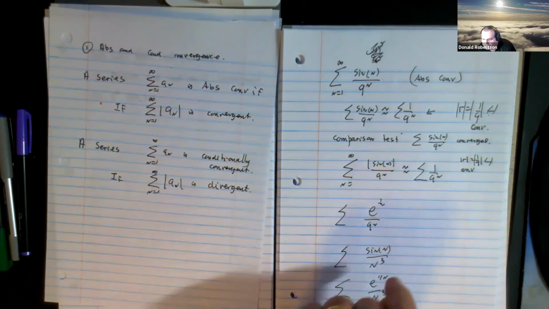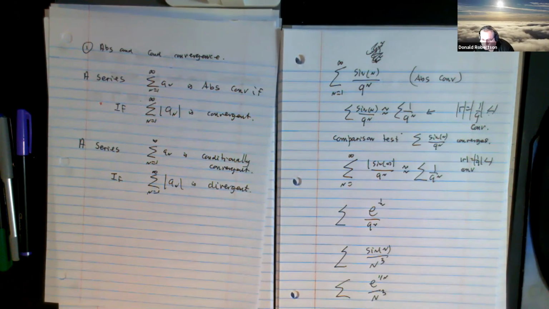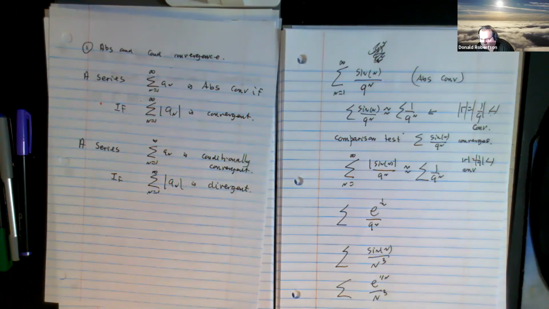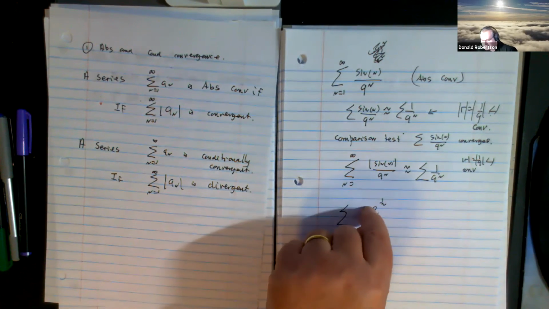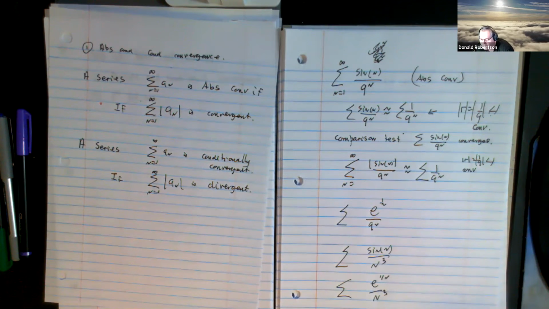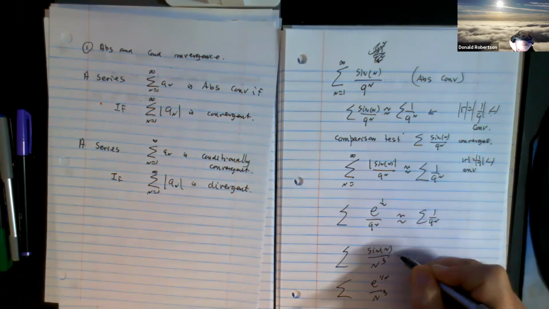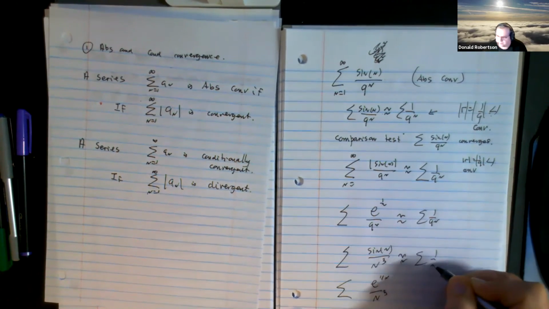So if there's something funny on the top, and funny means sine or cosine, or things like e to the 1 over n or e to the 1 over n cubed, you can basically just do a comparison test. You could almost do it in your head. Do you know that e to the 1 over n is pretty much going to be 1 for most of its life? After about n equals 5, it's dead close to 1. So it would behave like that. And this guy would behave like that.